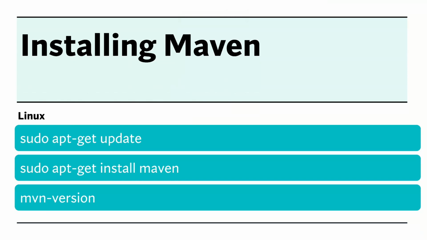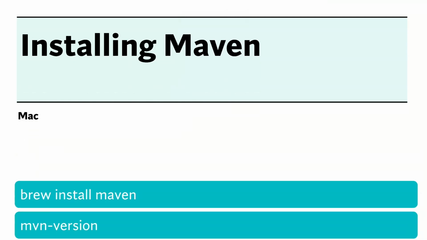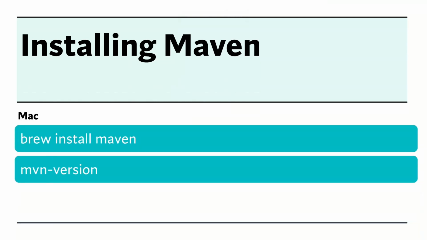Now let's install Maven on macOS. Assuming Homebrew is already installed; if not, please install Homebrew first. The process of installing Homebrew has already been explained in the Java Mac installation section. Open the terminal, type brew install maven, and press Enter.